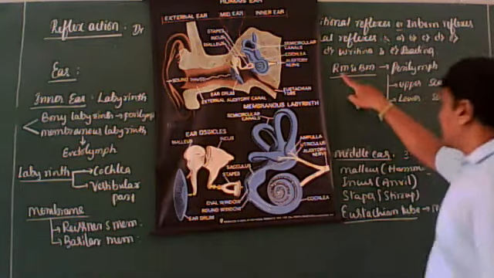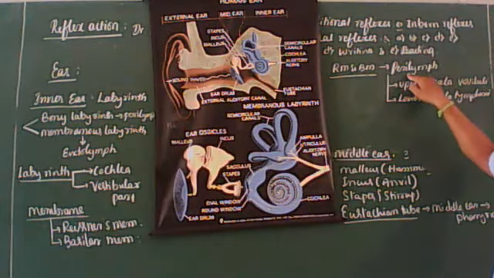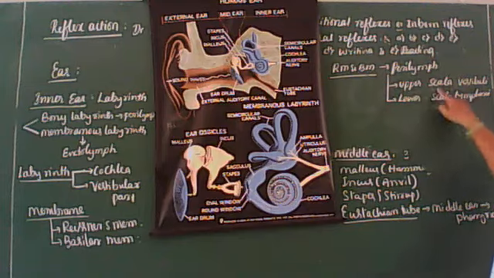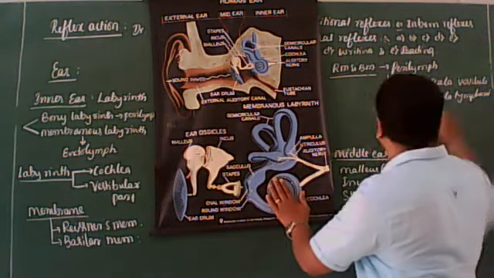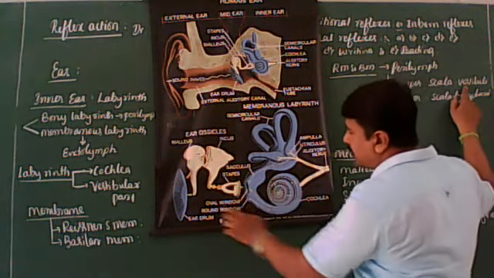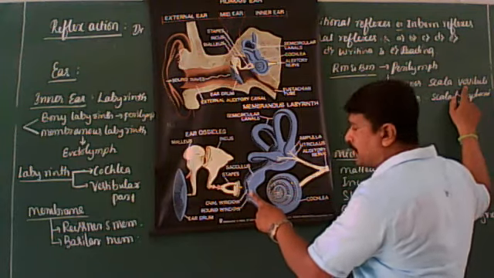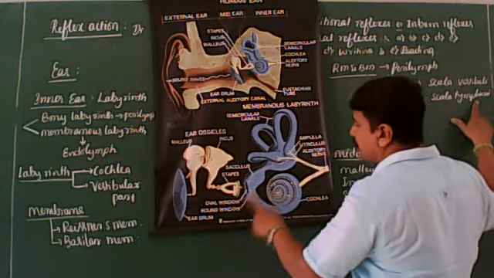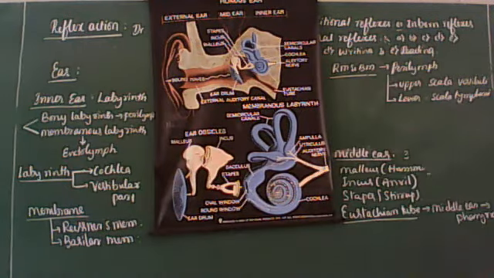Listen, both Reissner's and basilar membrane divide the surrounding perilymph into upper scala vestibuli and lower scala tympani. I think it is very clear for you.